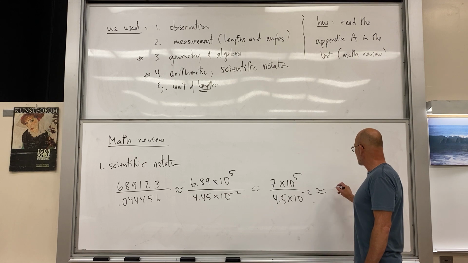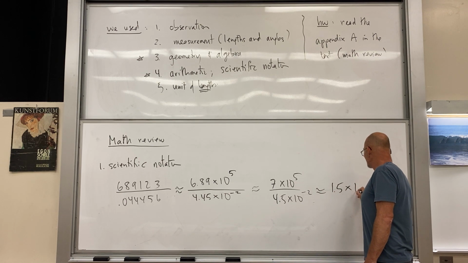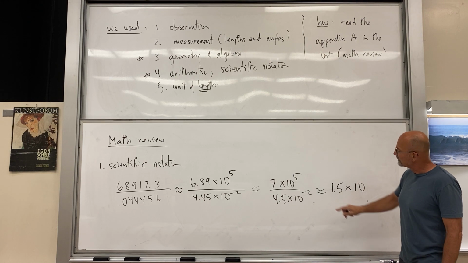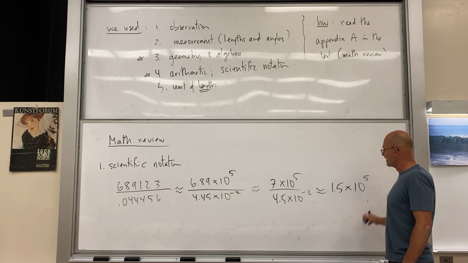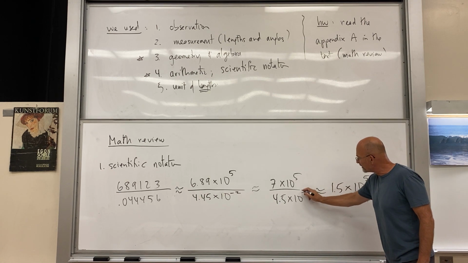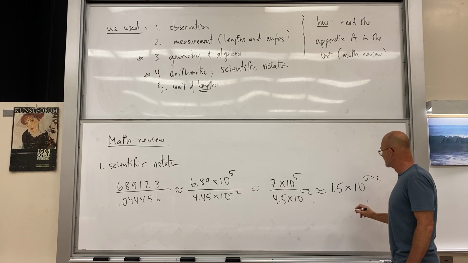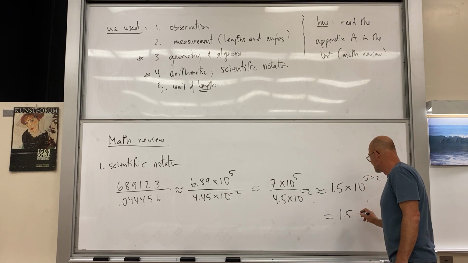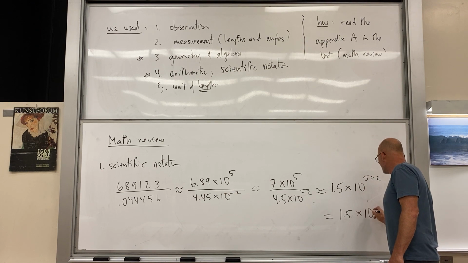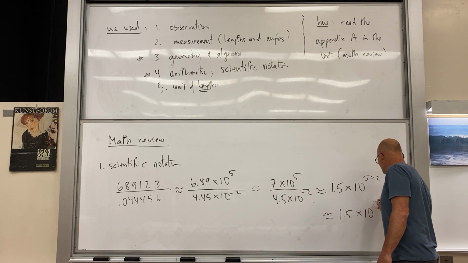Okay, I'm just going to write approximately 1.5 times 10 to the, now let's go ahead and deal with these. We have 5, and this minus 2 in the denominator turns into a plus 2 up here, 5 plus 2. So I'm just going to call this 1.5 times 10 to the 7, and it's still an approximation.